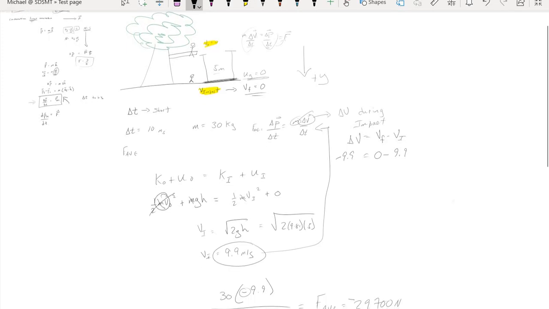So that means that when we impact the ground, our impact velocity is down in the positive direction. That is a positive 9.9 meters per second.